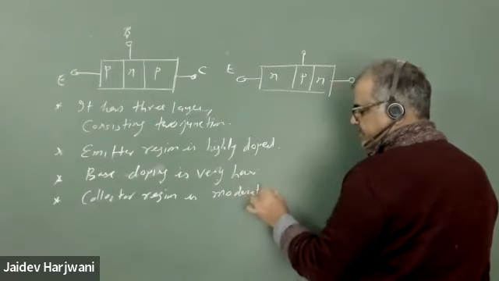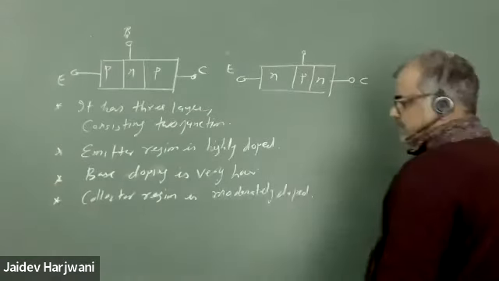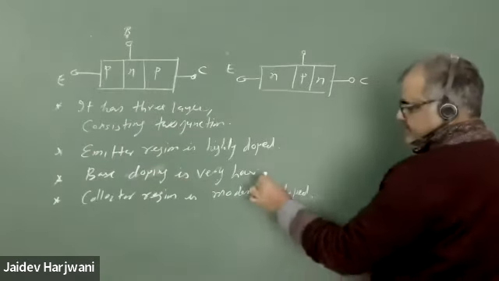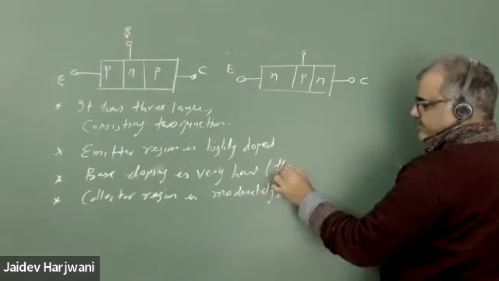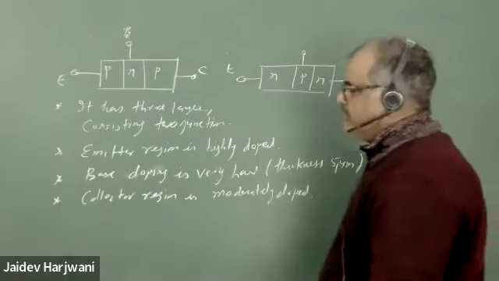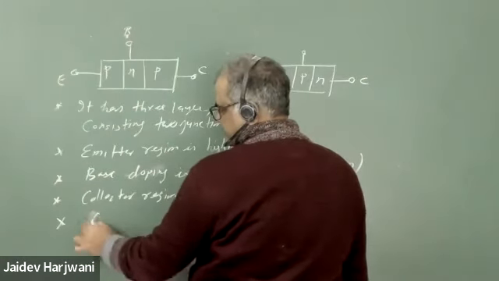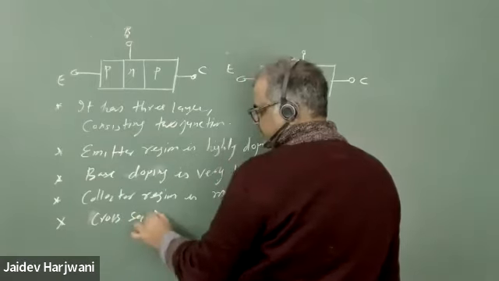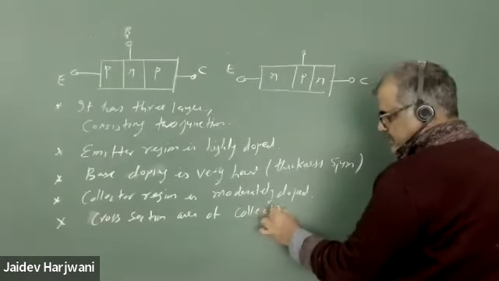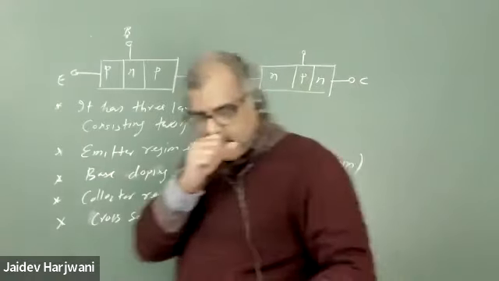The thickness of the base is very small, almost 5 micrometer, while the cross-section area of the collector is the largest, large compared to the other two regions.